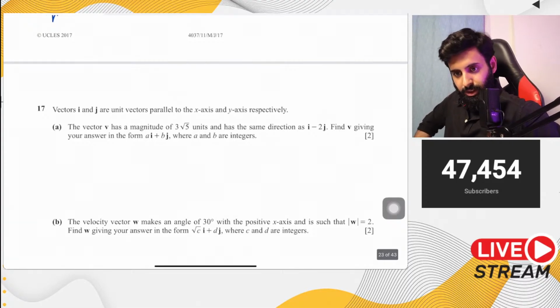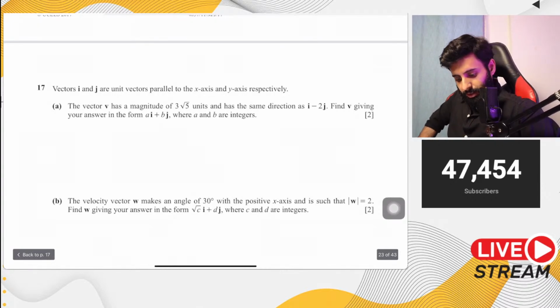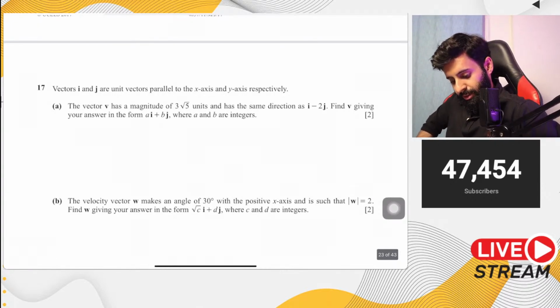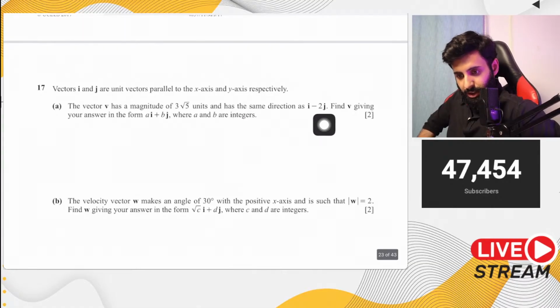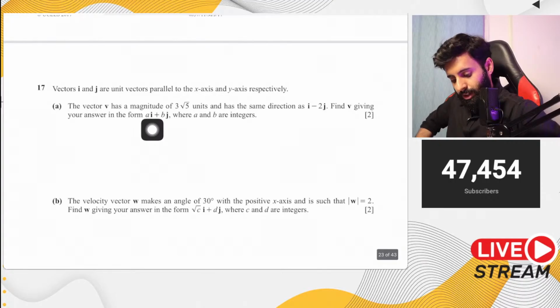So here's question number 17, part A. I'm solving it now. The first part says the vector v has magnitude 305 units and has the same direction as i minus 2j. Find v, giving an answer in the form of ai plus bj.